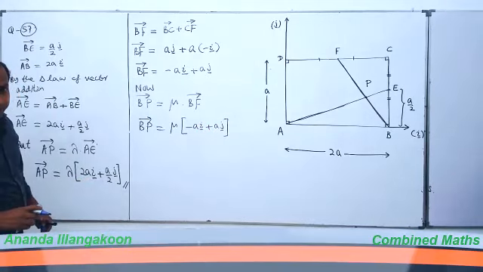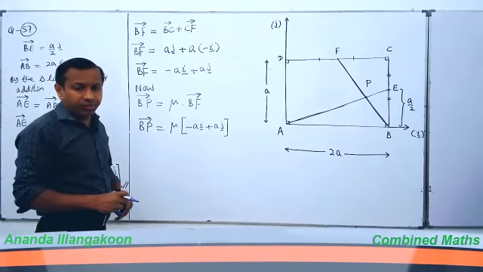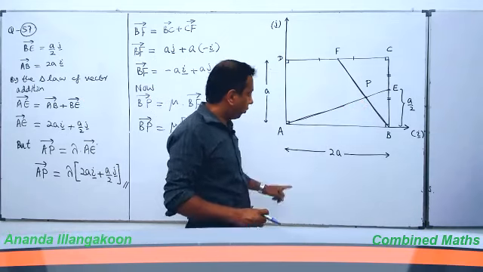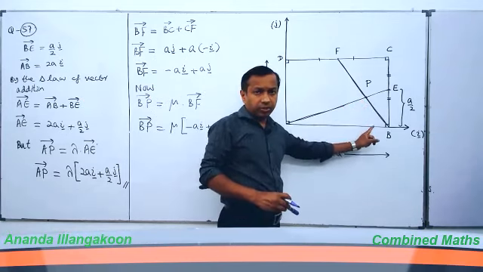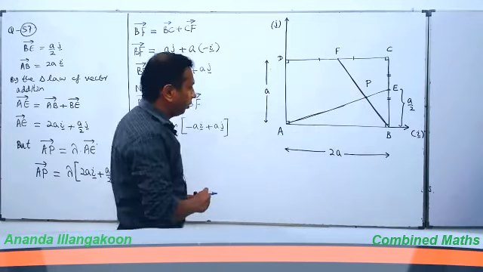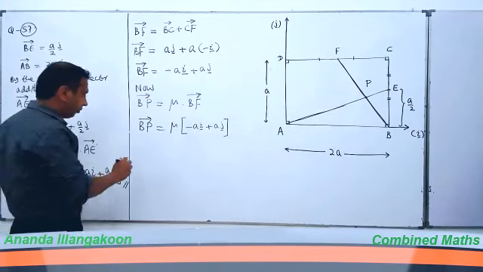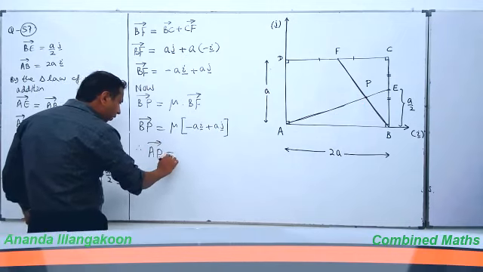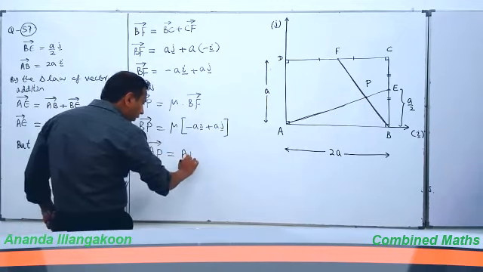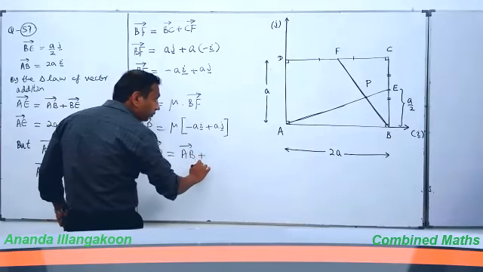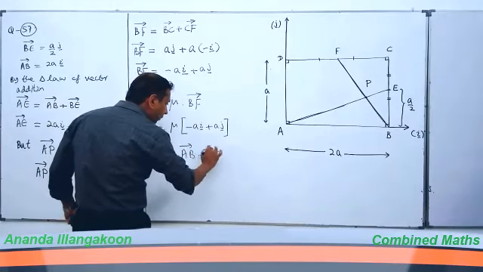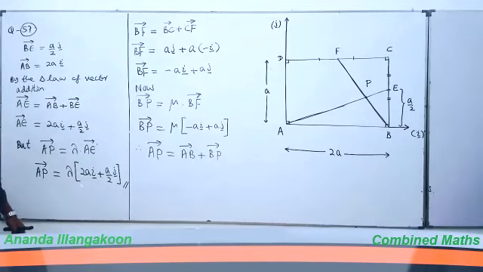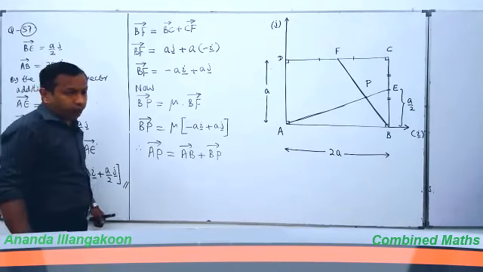Now, people, again, by using the triangle law of vector addition, you can write AP vector as AB plus BP. Therefore, AP vector you can write AB vector plus BP. AB vector, people, you know the length is 2a.